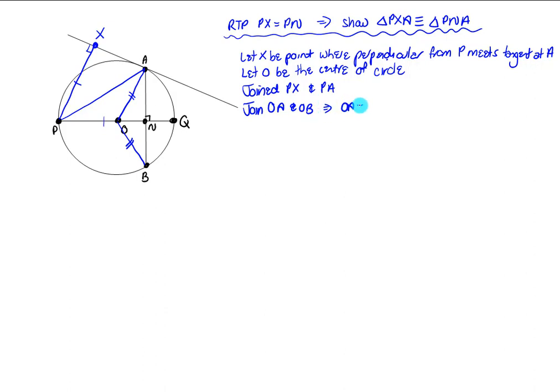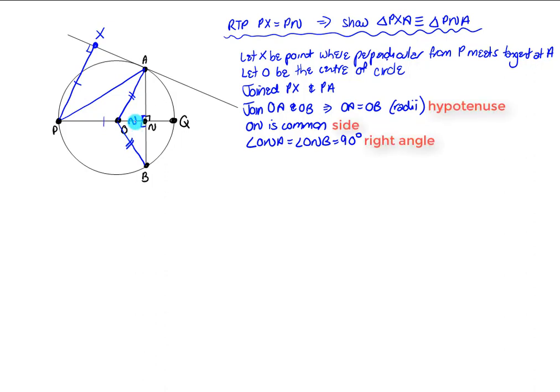You know that OA equals OB because they're radii. We also know that ON is common. We also have that angle ONA equals angle ONB, which is 90 degrees. So now we have the hypotenuse, a side, and the right angle.